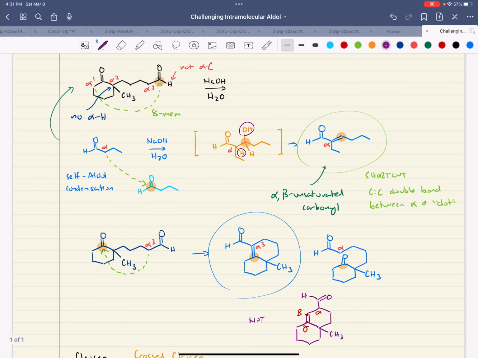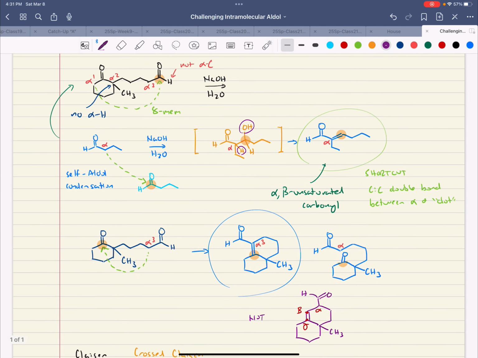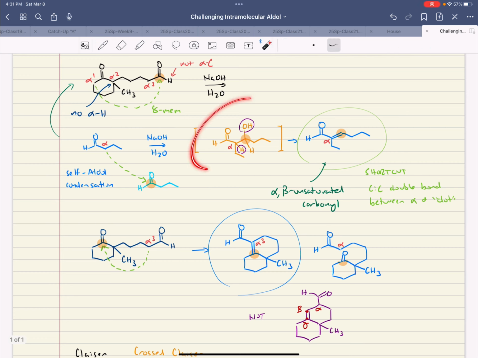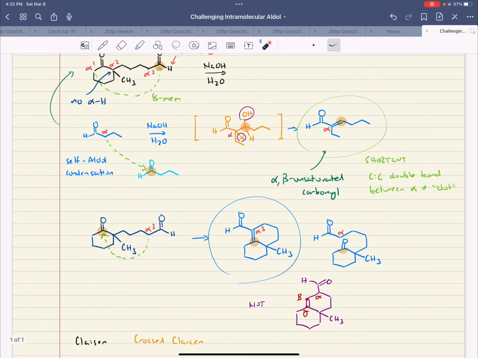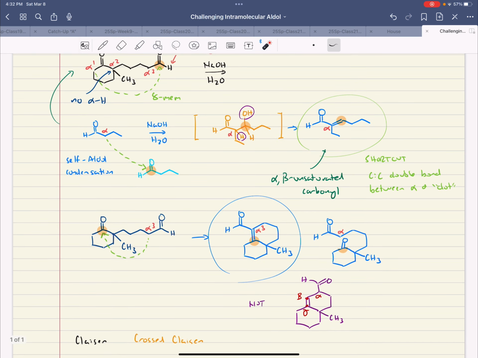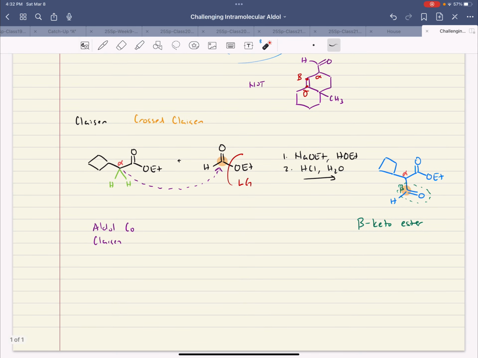See the orange? Go on to the blue. Don't stop here. If you're able to do a dehydration by removing H and OH, go ahead and do that. And it has to be conjugated. Don't make a double bond over here on the other side, or over here.